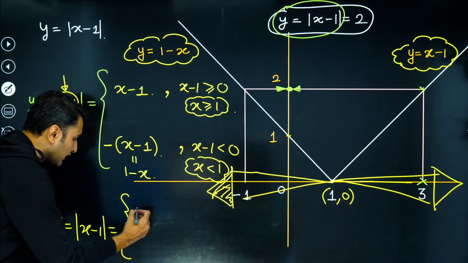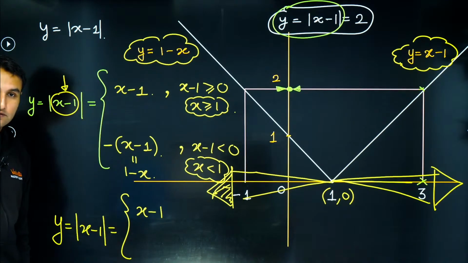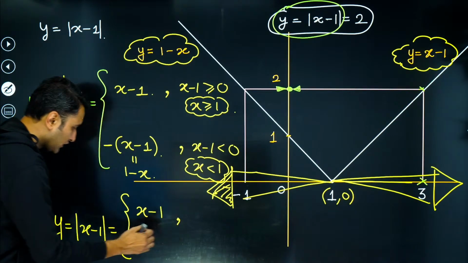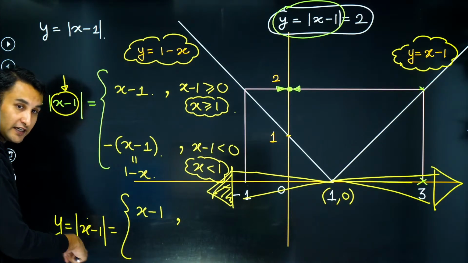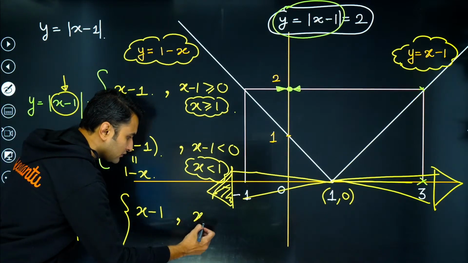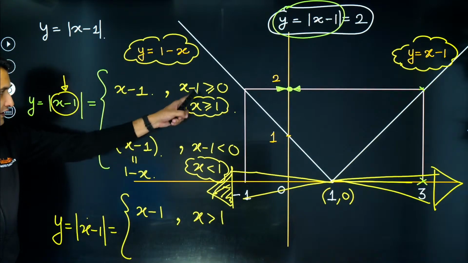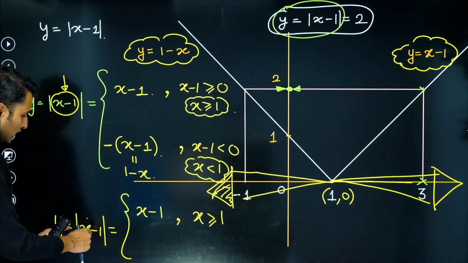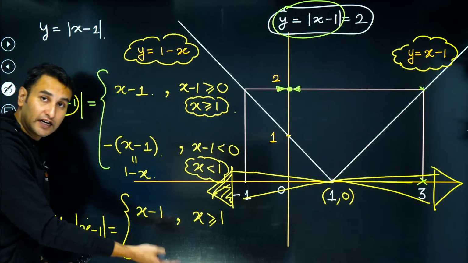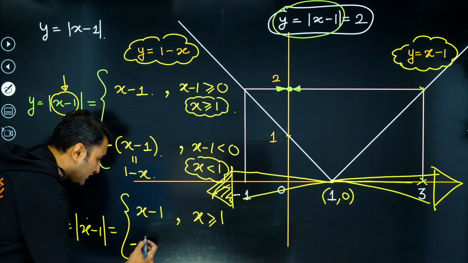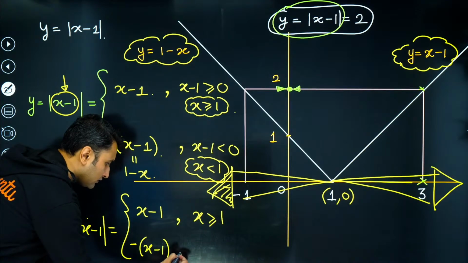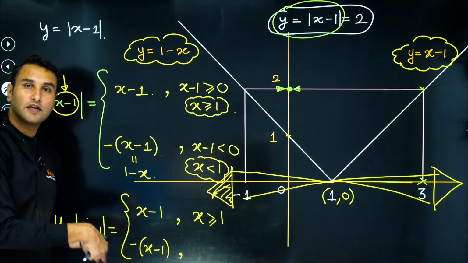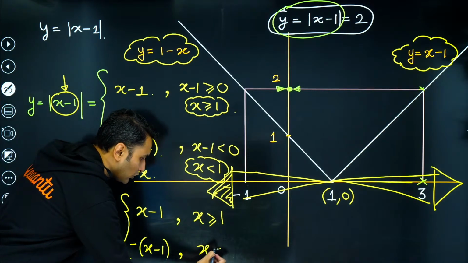The modulus opens with no change if what is inside is positive, x minus 1 positive, that is x greater than 1, and we usually put the equal to sign here. The modulus opens with a negative sign when what is inside the modulus is negative.